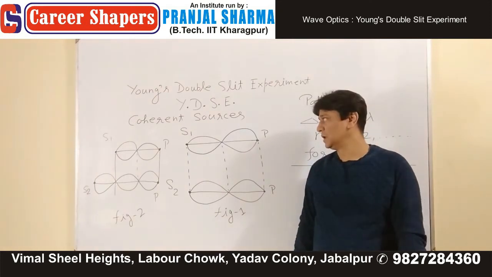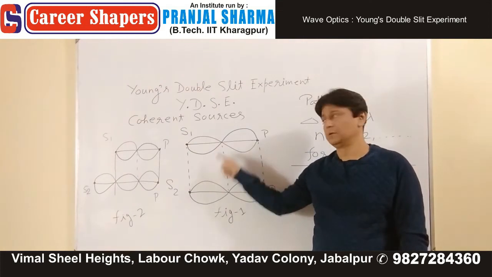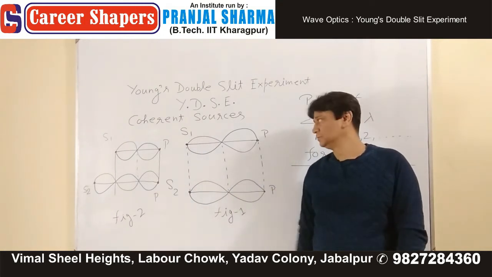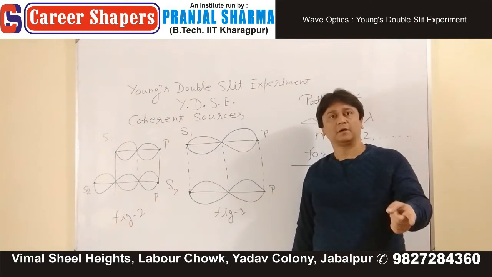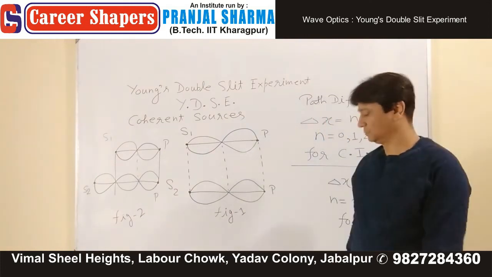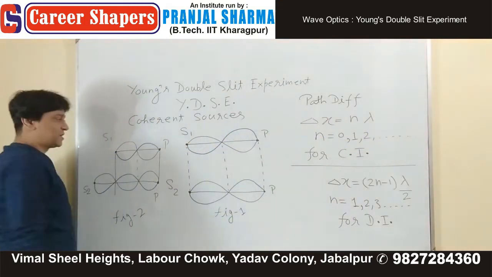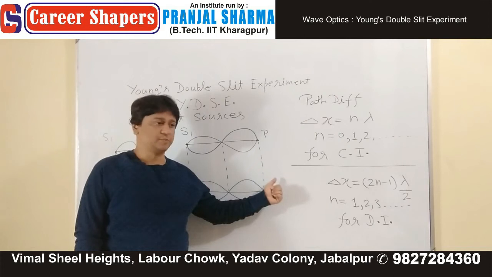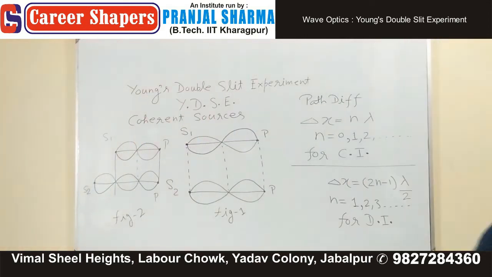But if S1 sends blue and S2 also sends blue, again phase difference is 0 and a constructive interference takes place at P. Then S1 and S2 are called coherent sources.